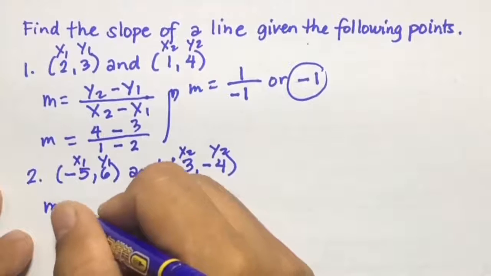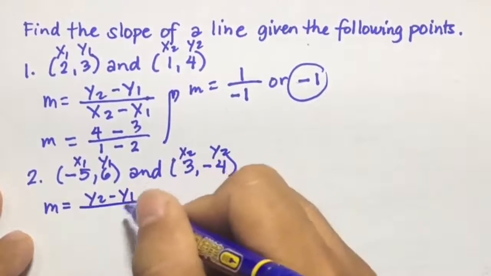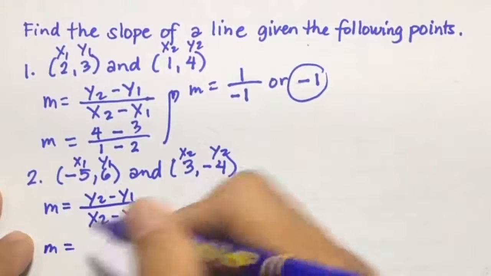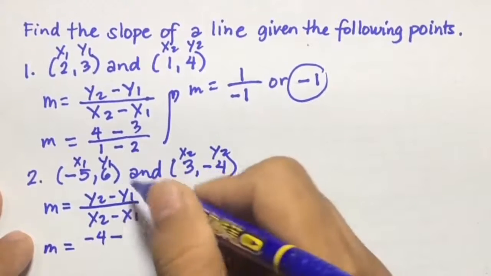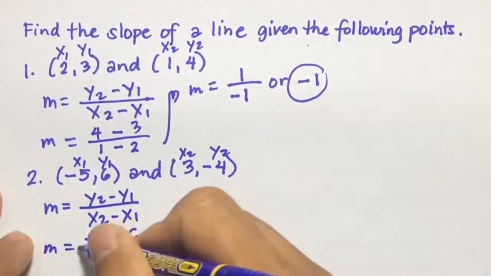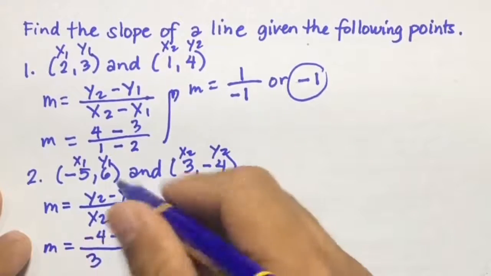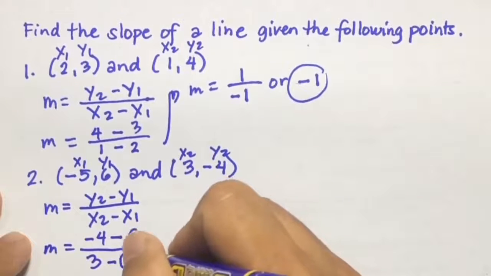Then, using the formula, m equals y sub 2 minus y sub 1 over x sub 2 minus x sub 1, we can have y sub 2 is negative 4 minus y sub 1, 6, divided by x sub 2, 3, minus x sub 1, which is negative 5, so we're going to have here negative 5.